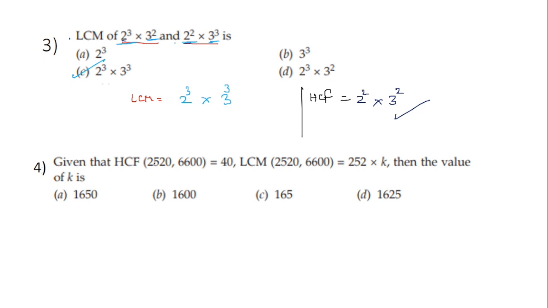Given that the HCF of 2520 and 6600 is 40 and the LCM is 252 into K, then the value of K is? How can we find it? Is there any clue? Yes.